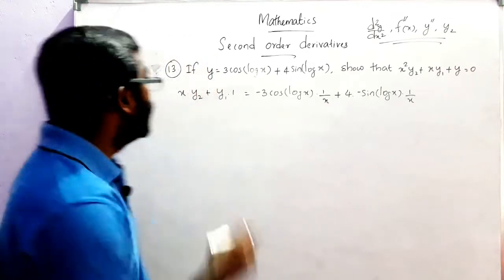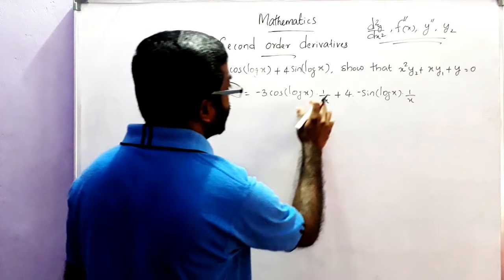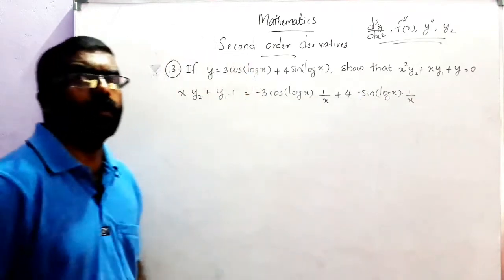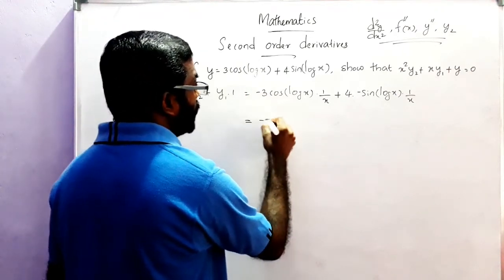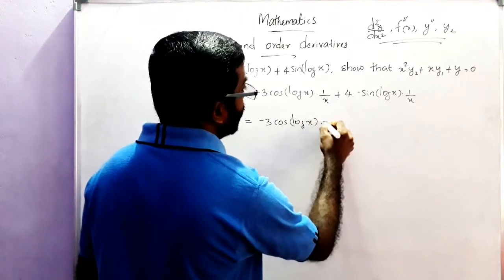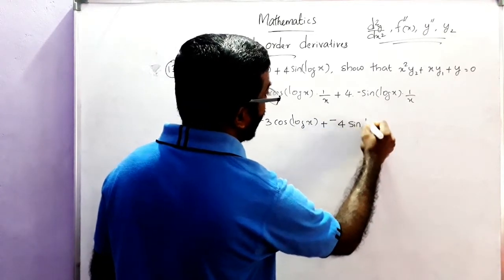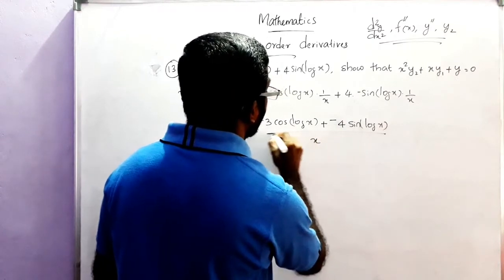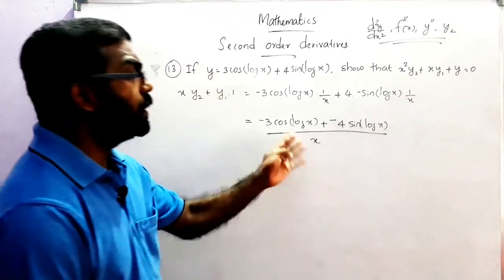Now we got x into y2 plus y1 into 1 is equal to minus 3 cos log x into 1 by x, plus 4 into minus sin log x into 1 by x. So this can be written as minus 3 cos log x plus minus 4 sin log x, whole divided by x, since the denominator is the same.